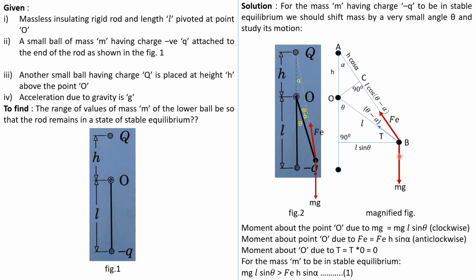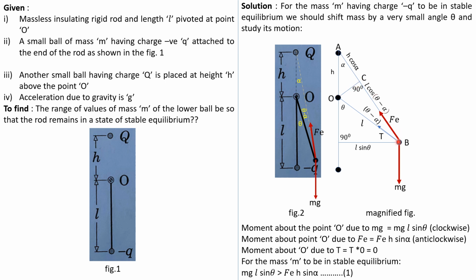The moment of mg with respect to point O will be mg into the perpendicular distance L sine theta, and this is in the clockwise direction. This force is acting in this direction, so the perpendicular distance to that force is OC.